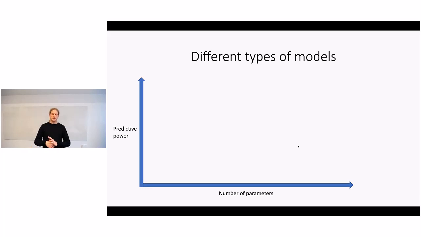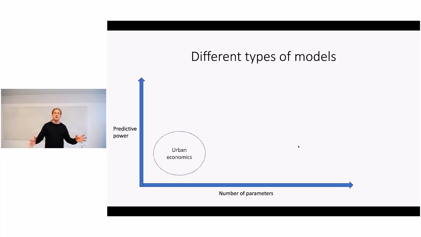So if we look at different types of models to do this modeling and to understand this urban growth, we can place the models into this kind of diagram where we have a number of parameters on the x-axis, and we have the predictive power on the y-axis.